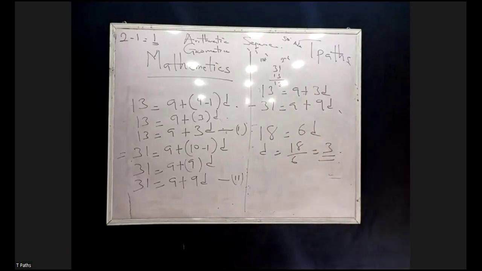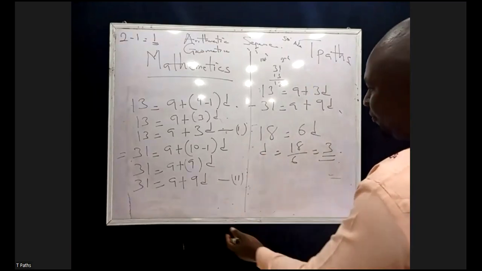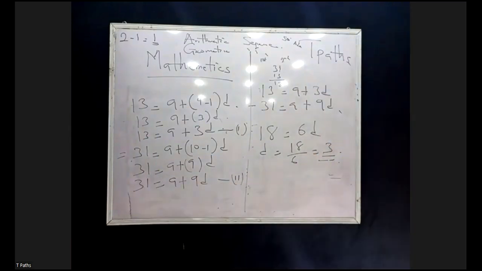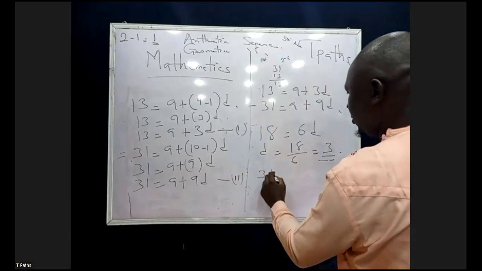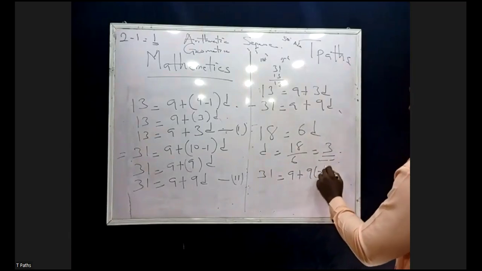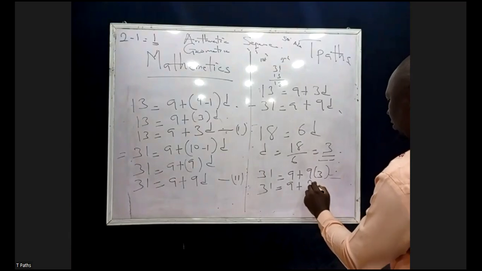Don't mind me, it's not D that we are looking for. Now, since we have gotten our D, we can substitute 3 into any of the equations. We'll substitute 3 into this: 31 equals A plus 9 times 3, or 31 equals A plus 27.